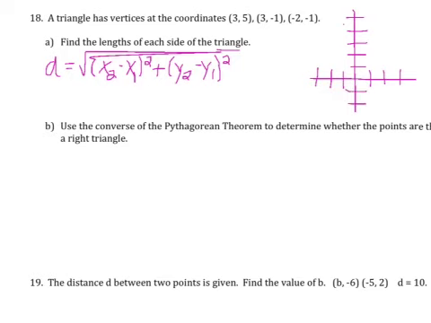Okay, that should work out for us. So we have a point at (3, 5). And we have a point at (3, -1). And we have a point at (-2, -1). So if we connect all those points, we should have our triangle.